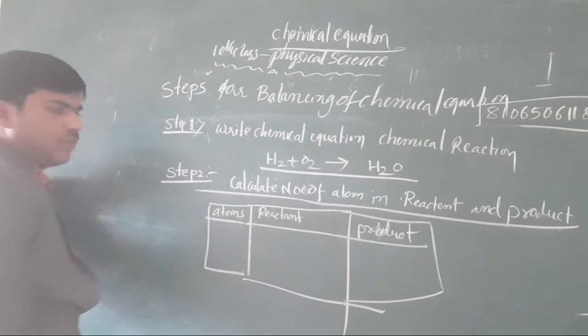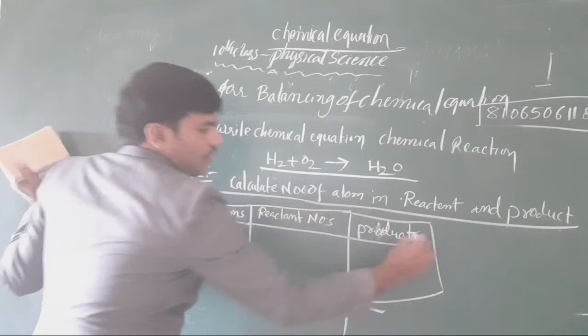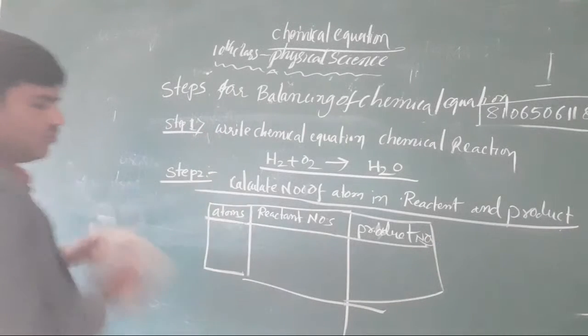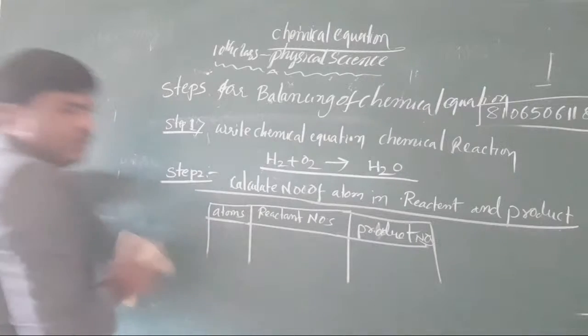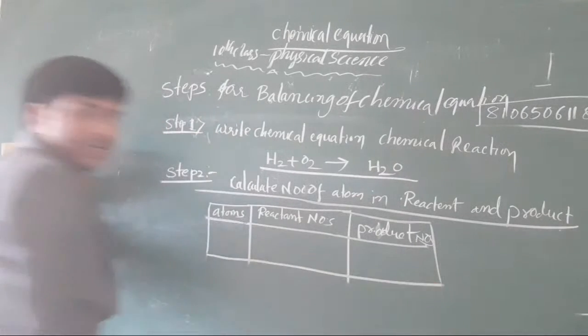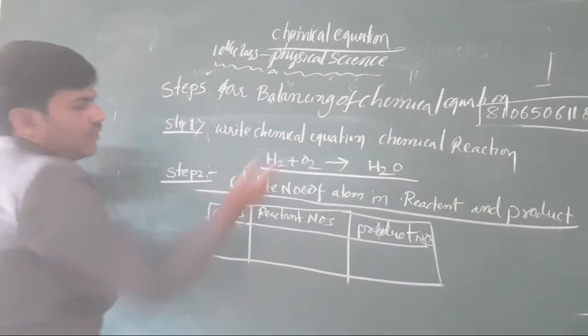First you write the atoms, the reactant number and as well as the product number. Clear or not, all the students? You have to write the reactant number as well as the product number here. What atoms are there here?